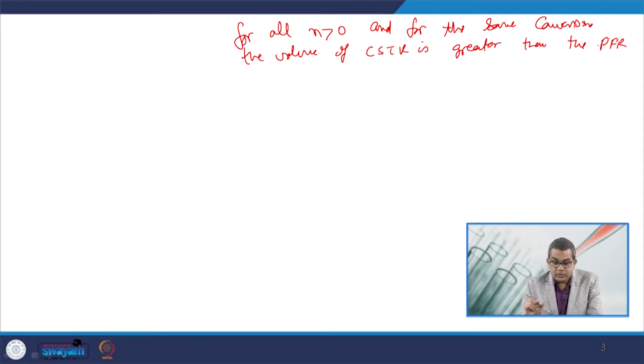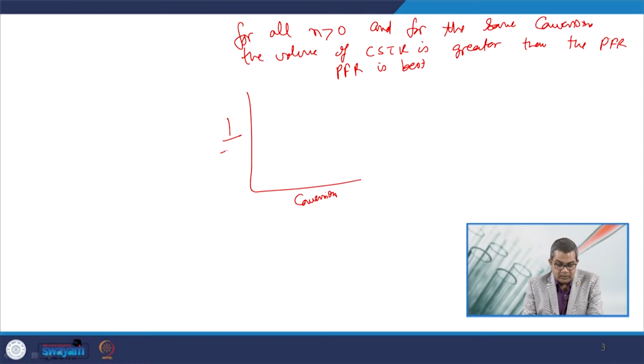Therefore, based on the economics of the reactor, the PFR is termed to be the best one. Now, you see in these plots, conversion versus 1 upon minus r_A.